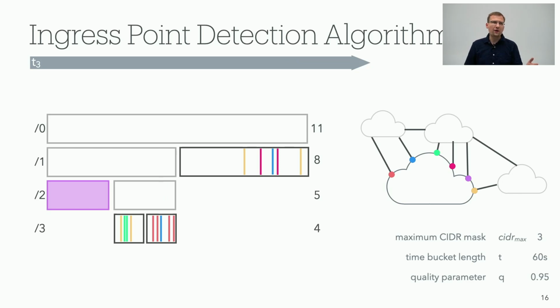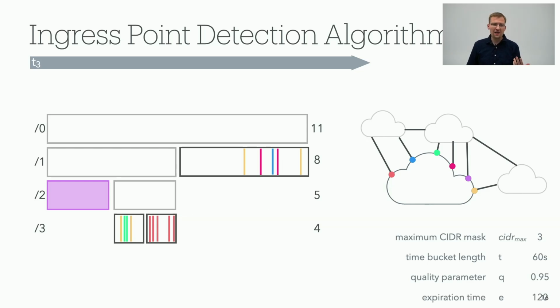So again, now at T3, we perform this splitting, and at this time only one additional sample arrives at the ISP, and then no further traffic is received from this single IP address.